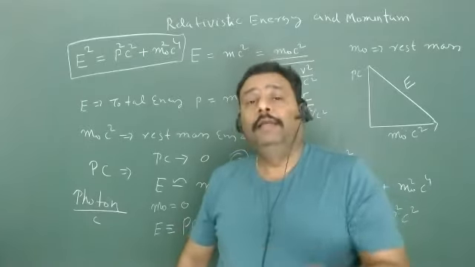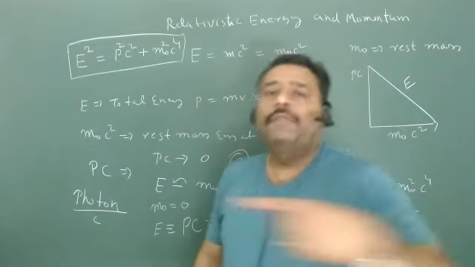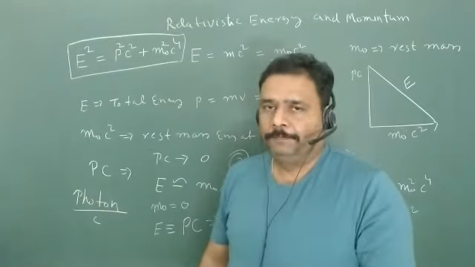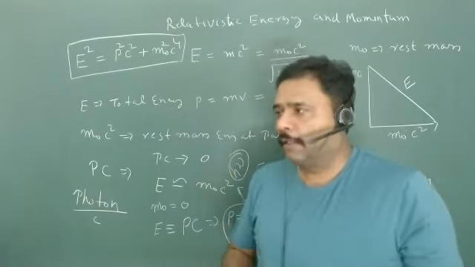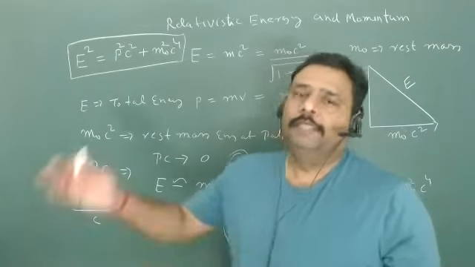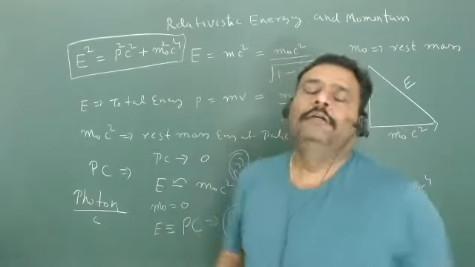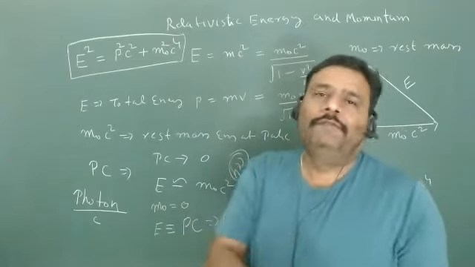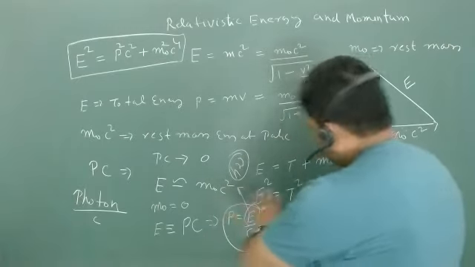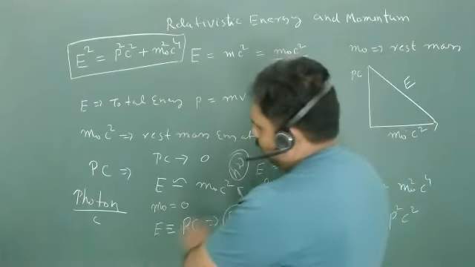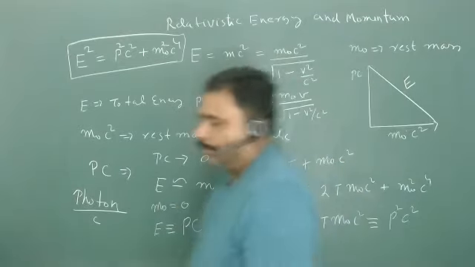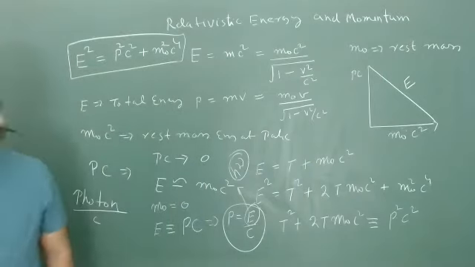Or in another way, if a particle is moving with the speed of light, you will always assume that the particle is massless. Maybe sometimes people do not say that. Whenever people say that a particle is massless, you can use that it is behaving like a photon. So you always have to keep in mind how we define a photon and how we define the momentum and energy of a photon. So this is all about the photon and massless particle.